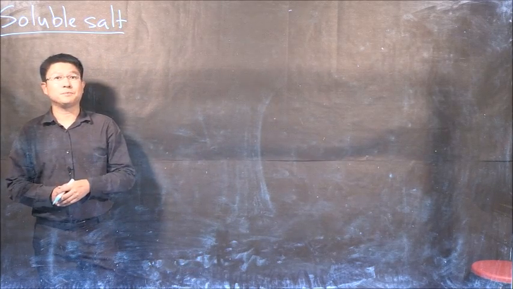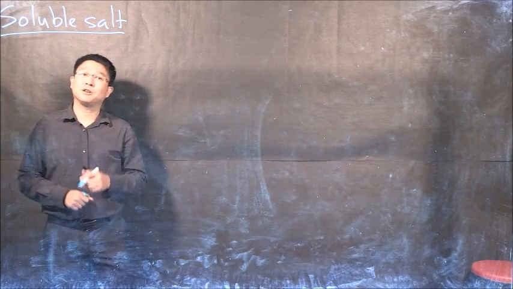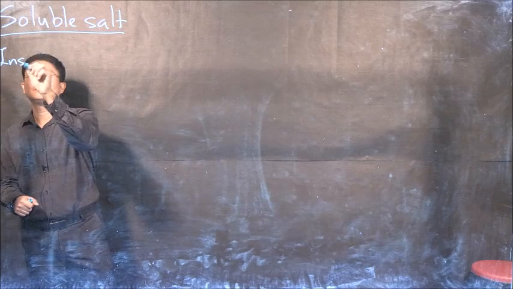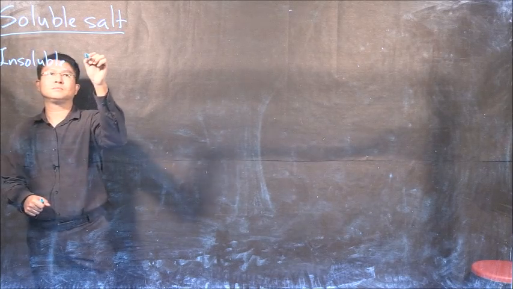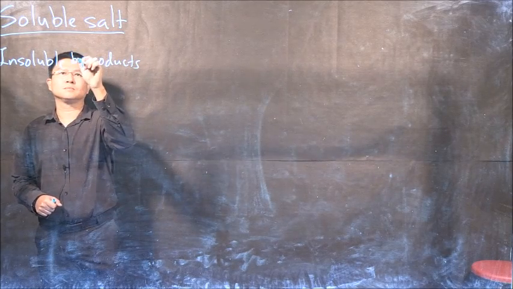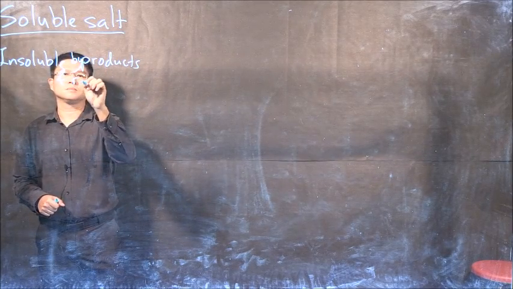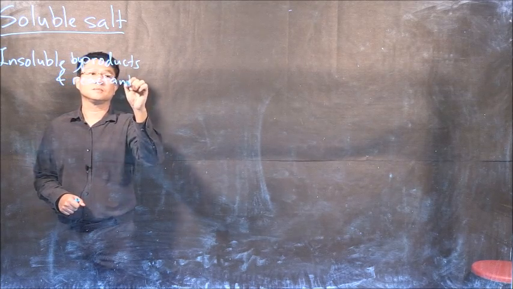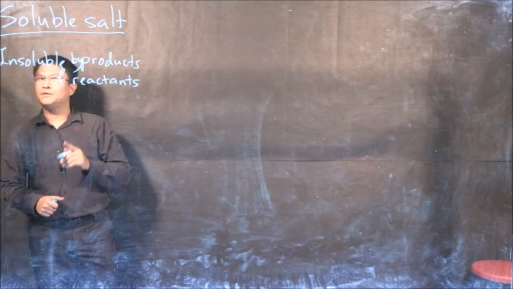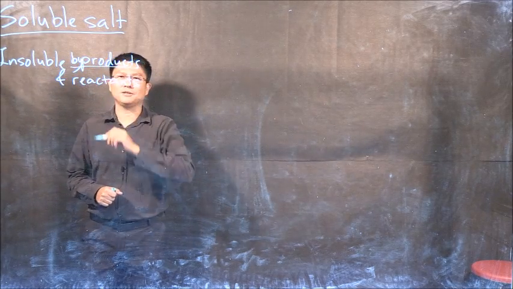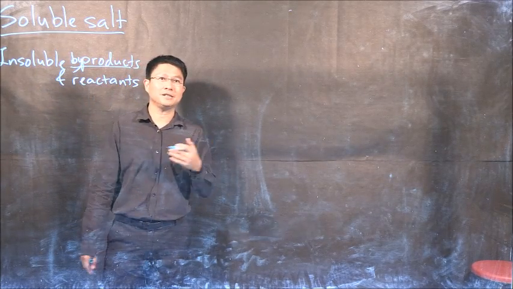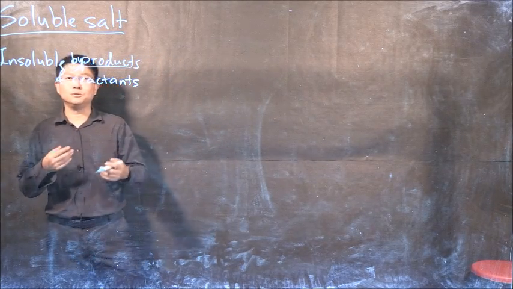As covered in the previous chapter, when we are preparing a soluble salt, ideally we should have a soluble salt and insoluble byproducts and reactants. However, if you think carefully, it is not really possible to have two insoluble reactants reacting with each other because solids on their own do not react.